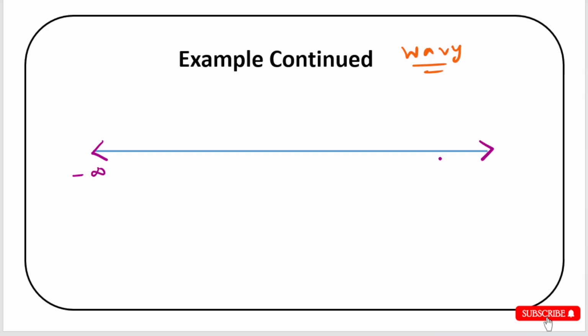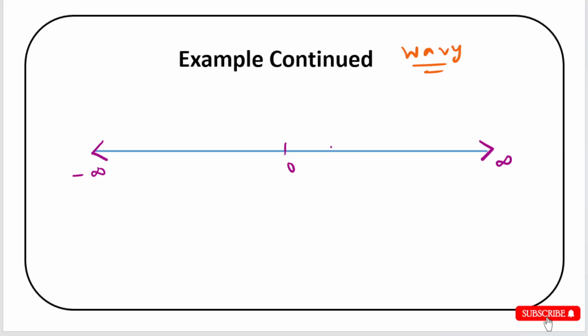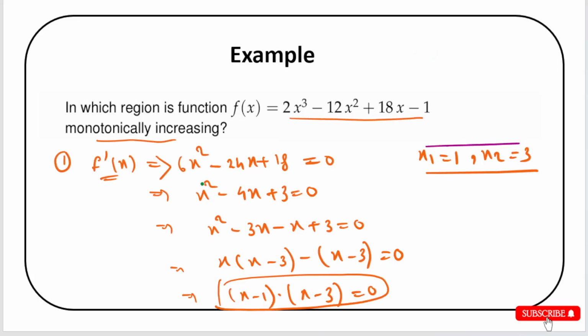It varies from minus infinity to plus infinity. Now here you have 0. Simply what you have to do, plot the roots here. So you have 1 and you have suppose 3 here, and then draw the function or the slope of the function here.